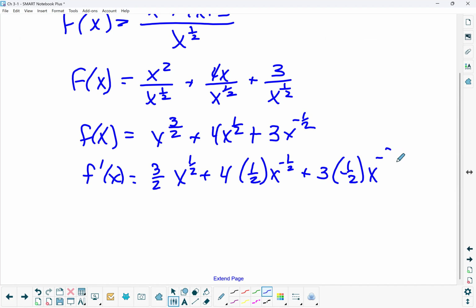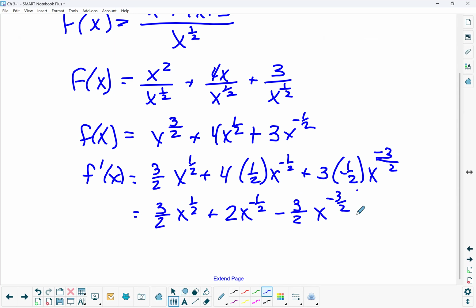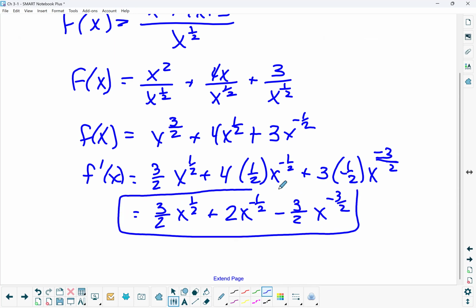Take x to 1 less power. So we would get 3/2, x to the 1/2. Taking 4 times 1/2, that's 2, x to the negative 1/2. Minus 3/2, x to the negative 3/2. There is our derivative.